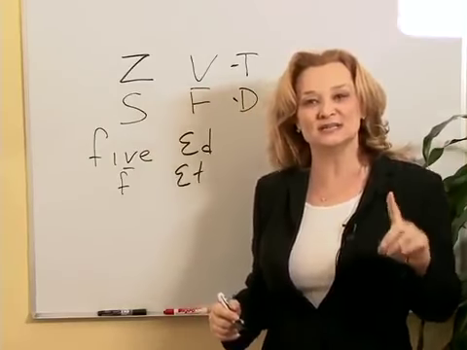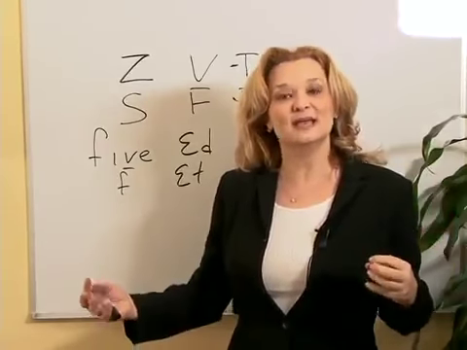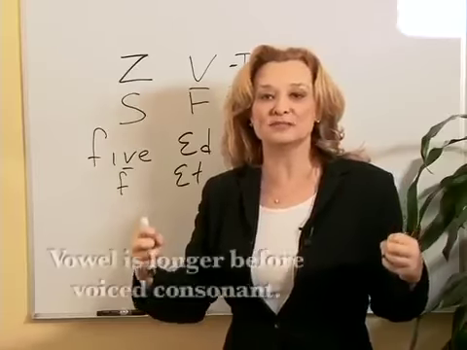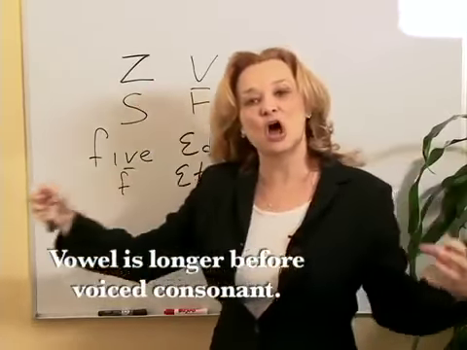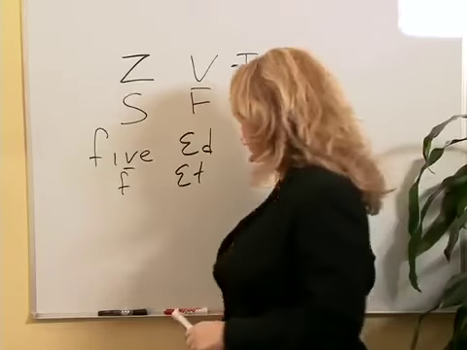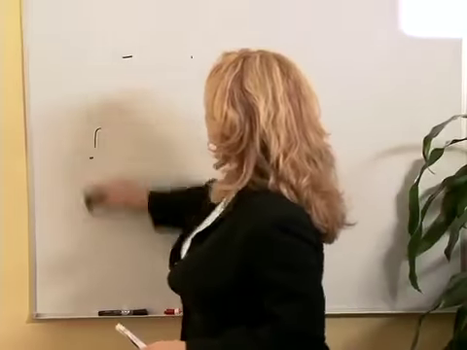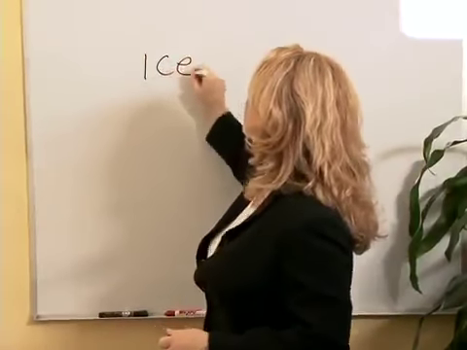Okay, the other reason that it's important to know whether a sound is voiced or voiceless is because the vowel that comes before the voiced sound is longer. Let me explain what I mean. Let's look at these two words.